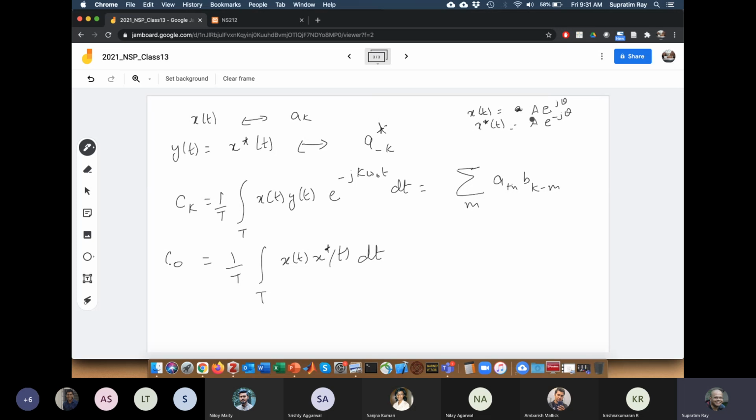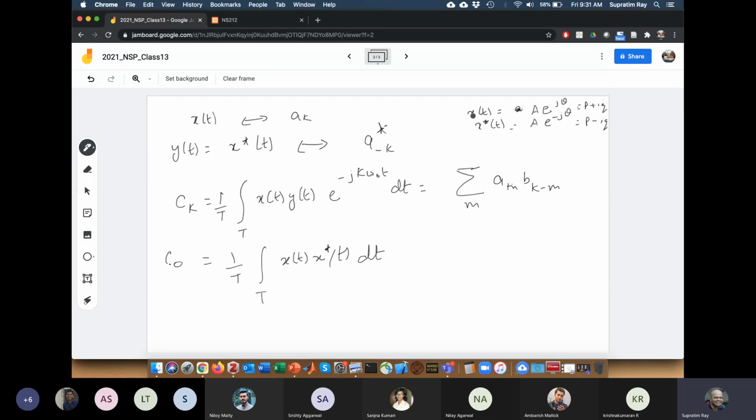So the product is always a squared. You can also do it as, if you write this as p plus iq, then this is going to be p minus iq. So the product is always p squared plus q squared.